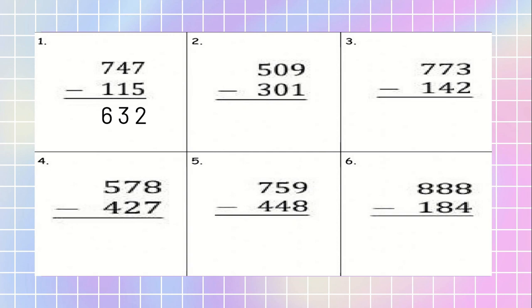What is the answer? Very good. It's 208. How about this one? 773 minus 142. Very good. It's 631. How about this one? 578 minus 427.